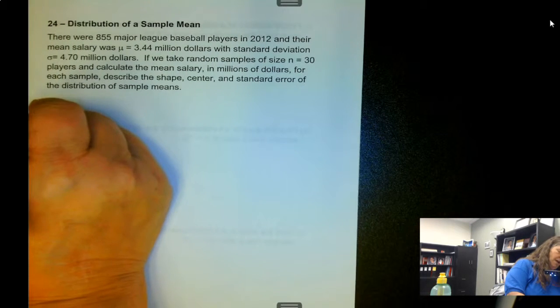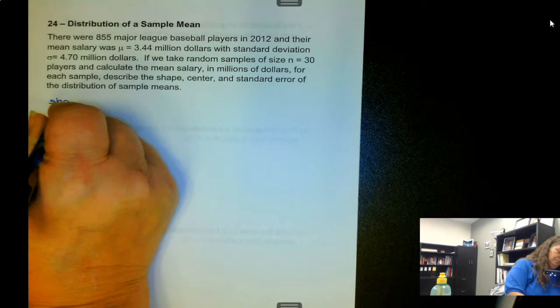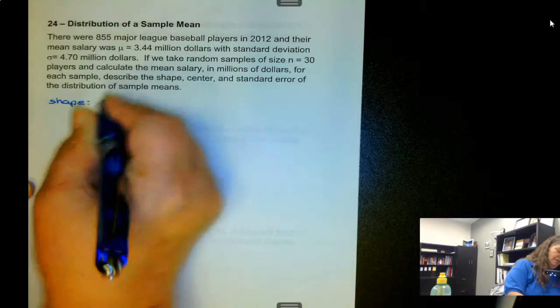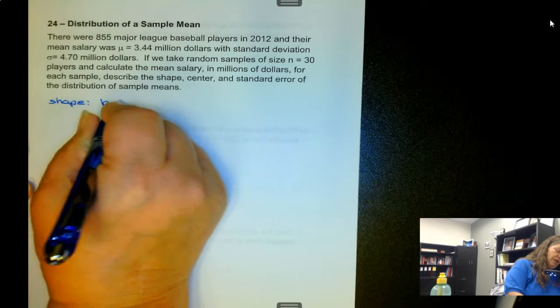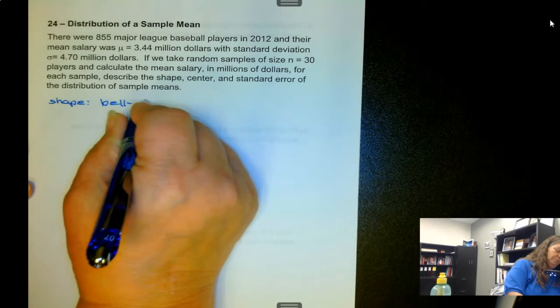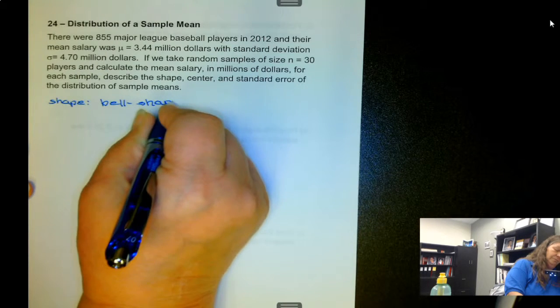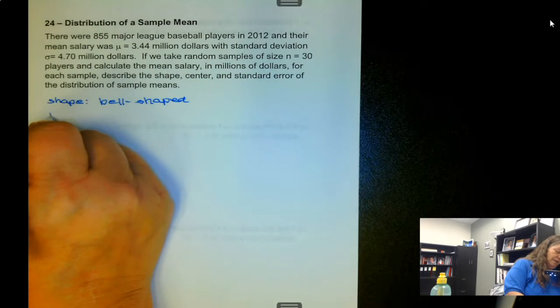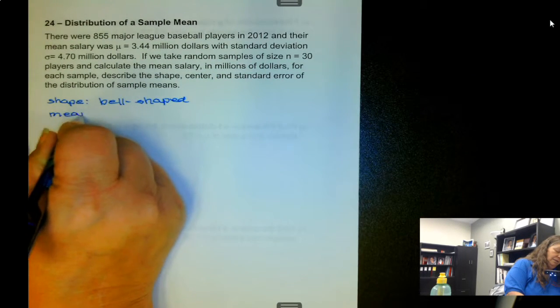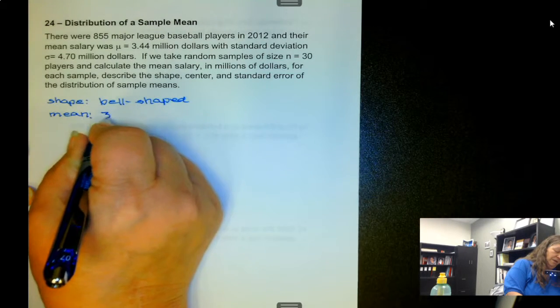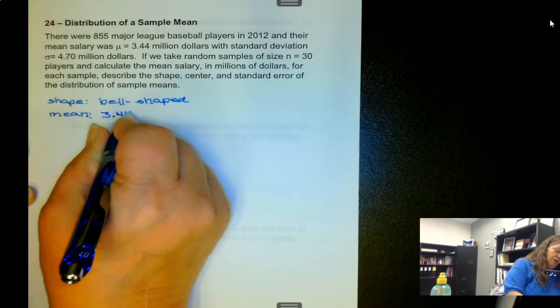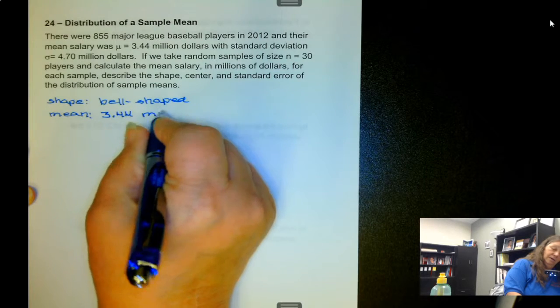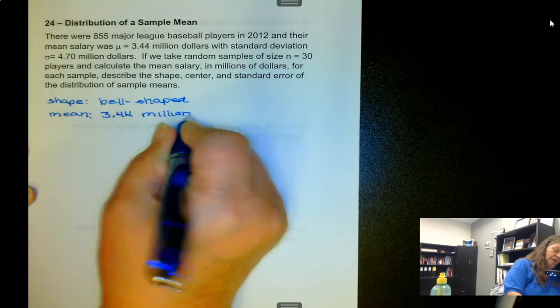So the shape will be bell-shaped. The mean will be that $3.44 million.